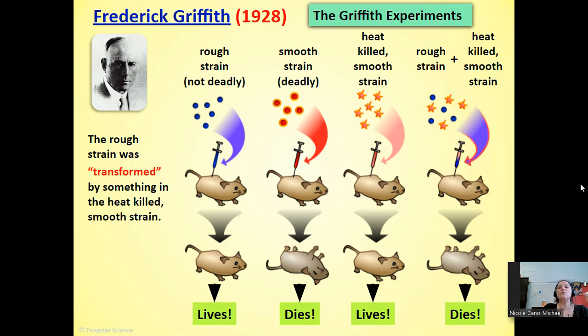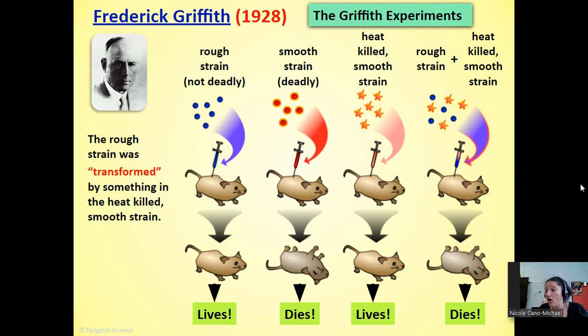The rough strain was therefore somehow transformed. The word transform just simply means to change. Something in it had been changed by the dead smooth strain, right? Something had been transformed. We were able to somehow transform this rough strain into being deadly.